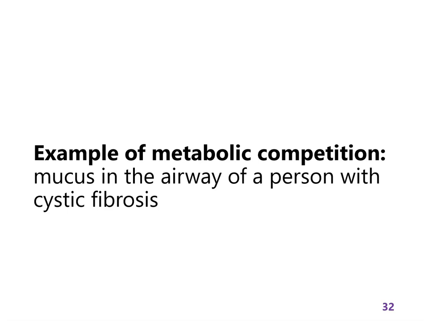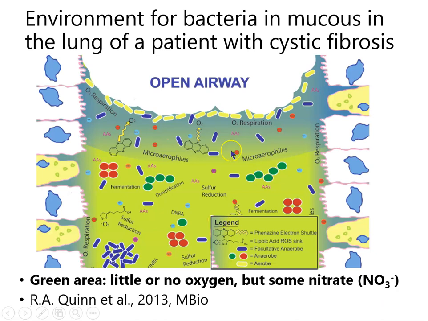And that mucus is not sterile. If you have, this would be the lumen of the airway, these are some epithelial cells, and this would be some mucus that is stuck in some area. Well, there are bacteria in it that will rapidly use the oxygen. So the oxygen is gone.